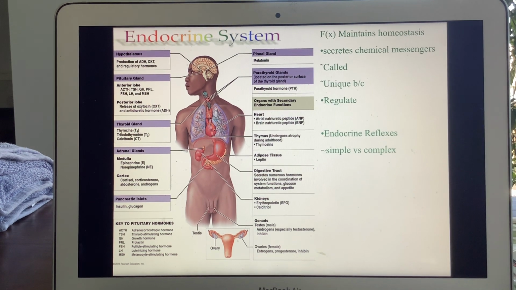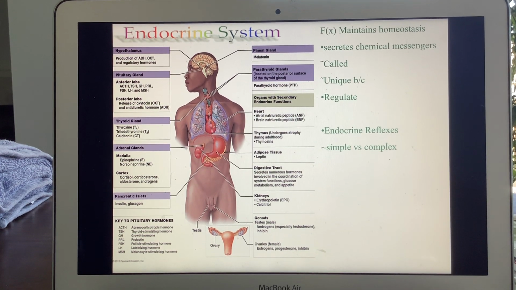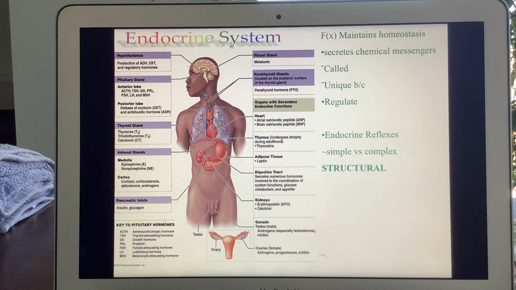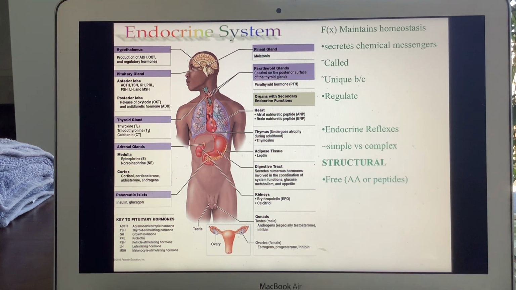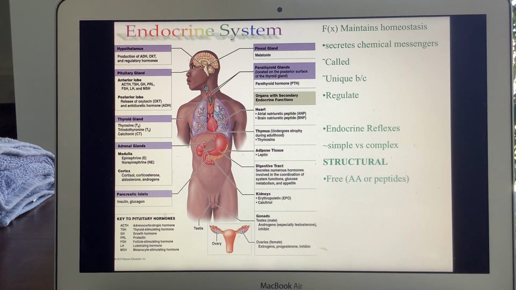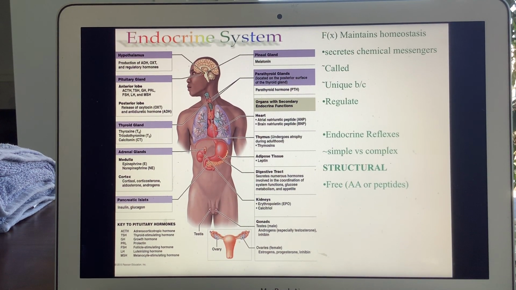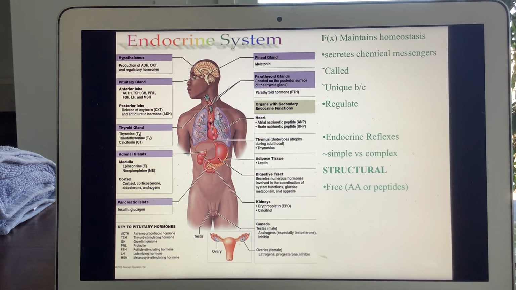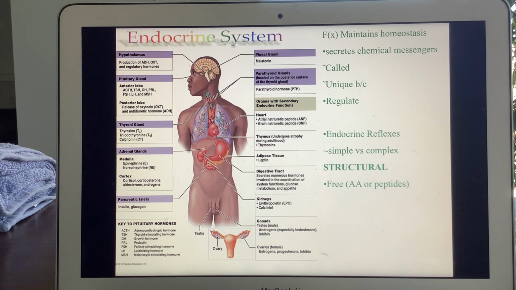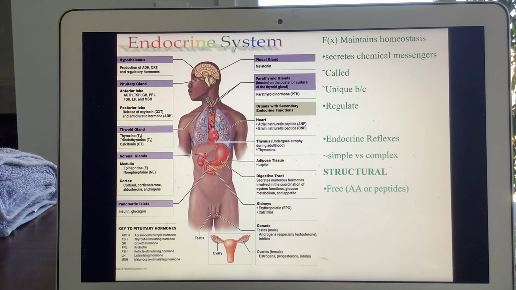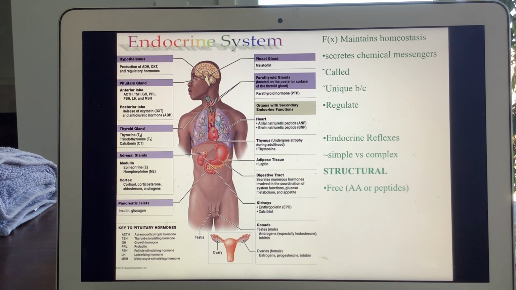Besides simple and complex reflexes, we can look at how are these hormones built. So the first kind are what we call free hormones. Free hormones are going to be protein-based. They're going to be either amino acids, that's AA, or they're going to be peptides. They call them free because proteins are dissolvable in fluids, so that means you can dump them directly into the blood.